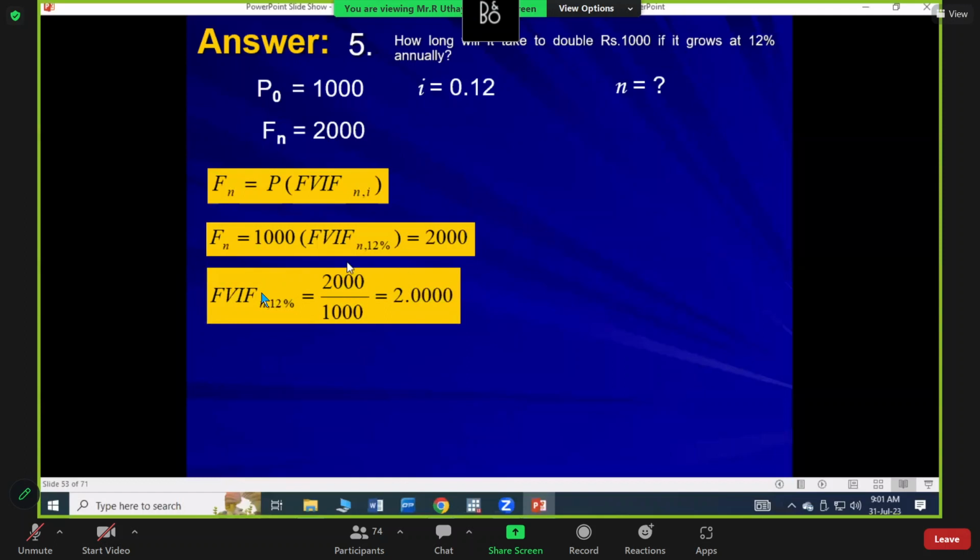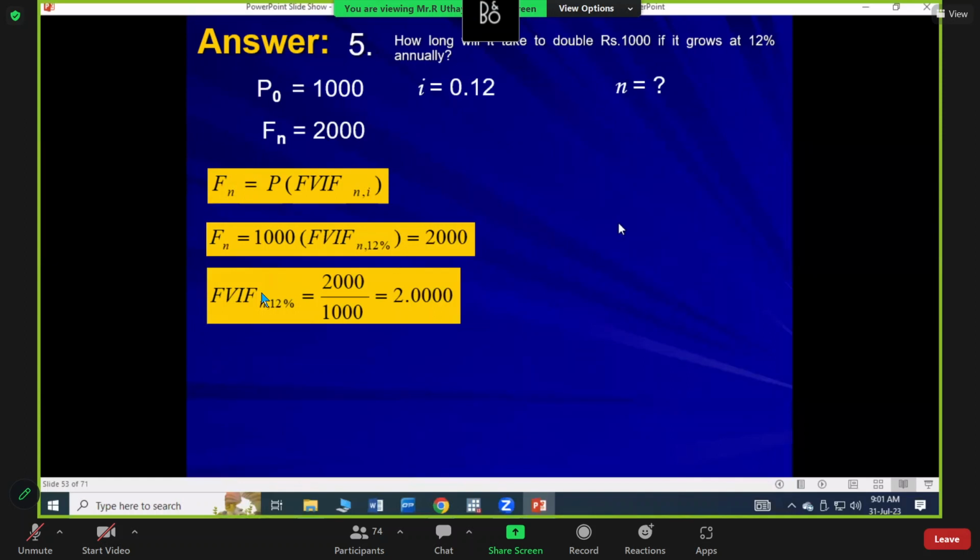Then what else can you do? You can rearrange the formula to make the future value interest factor the subject. It is equal to 2000 over 1000, so 2.000 would be the required interest factor.